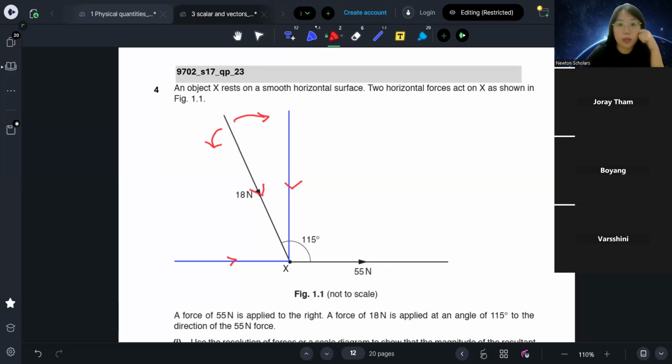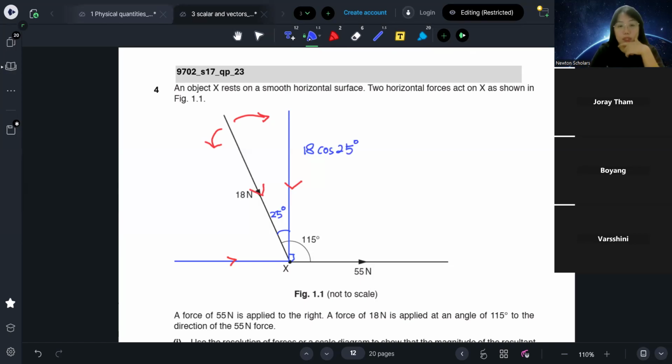So when we split it up, first, what is this angle? This one is easy, we know that this is 90 degrees. So 115 minus 90 is 25. Boys and girls, label this as 25. So this force pointing downward should be 18 cos 25, because this angle between them, we're using cos.